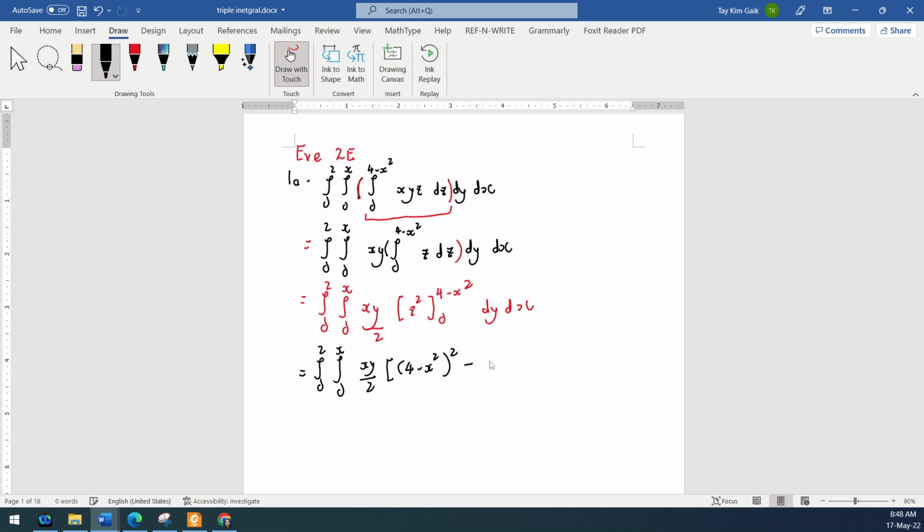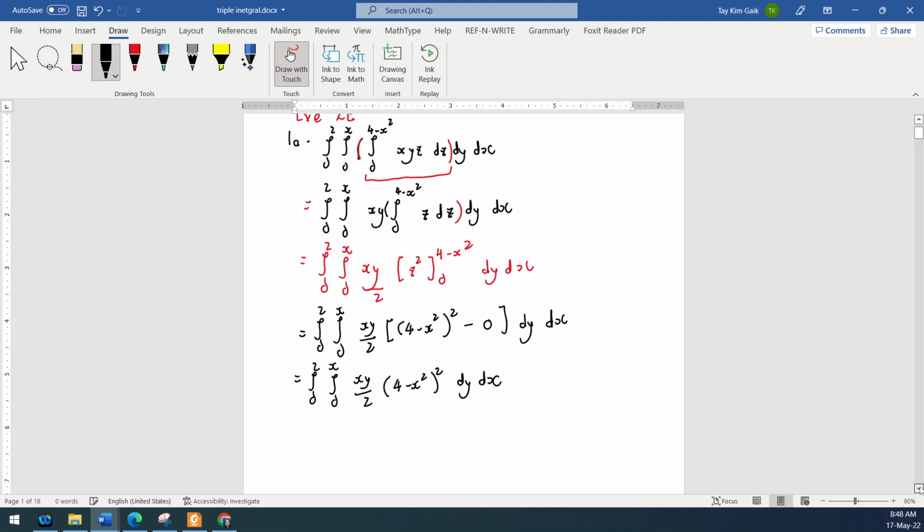You plug in the lower limit, you have 0. So now it becomes a double integral. I may leave it in this form, 4 minus x squared power 2 dy dx.